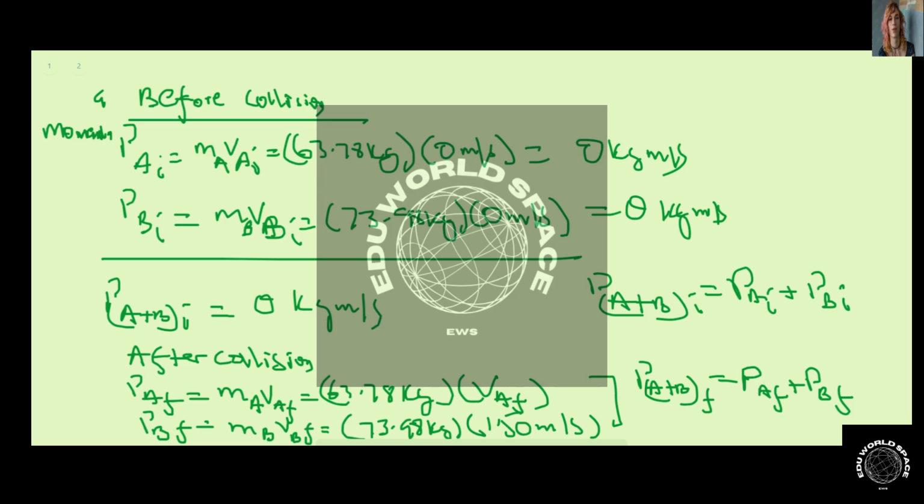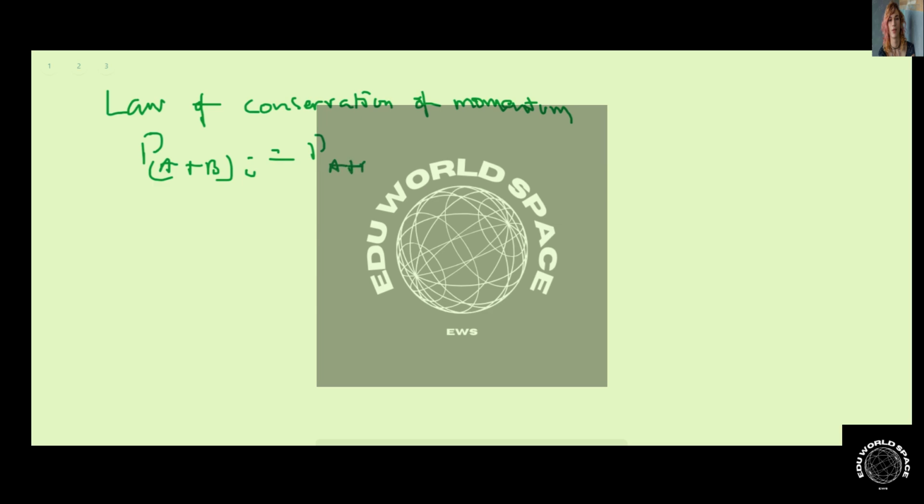So all we have to remember is we use the law of conservation of momentum, and we pick up that on the second page where we're saying that according to the law of conservation of momentum, the initial momentum of A and B together has to be equal to the final momentum of A and B together.